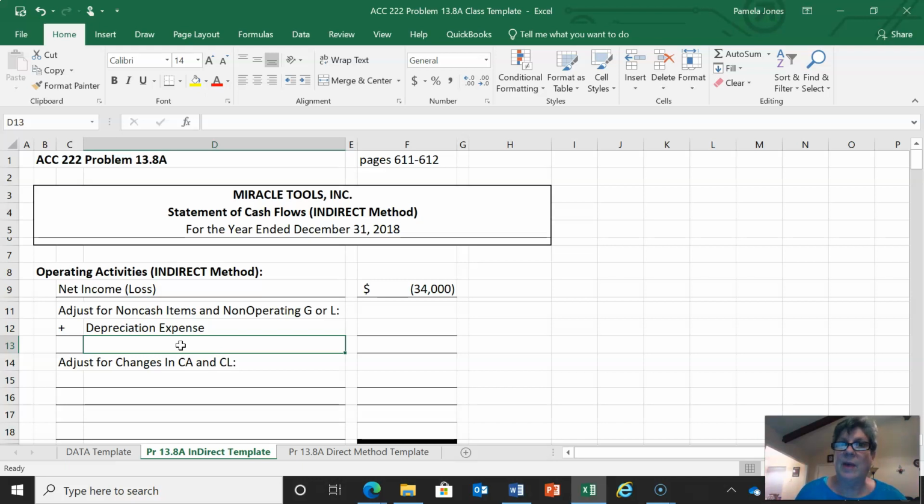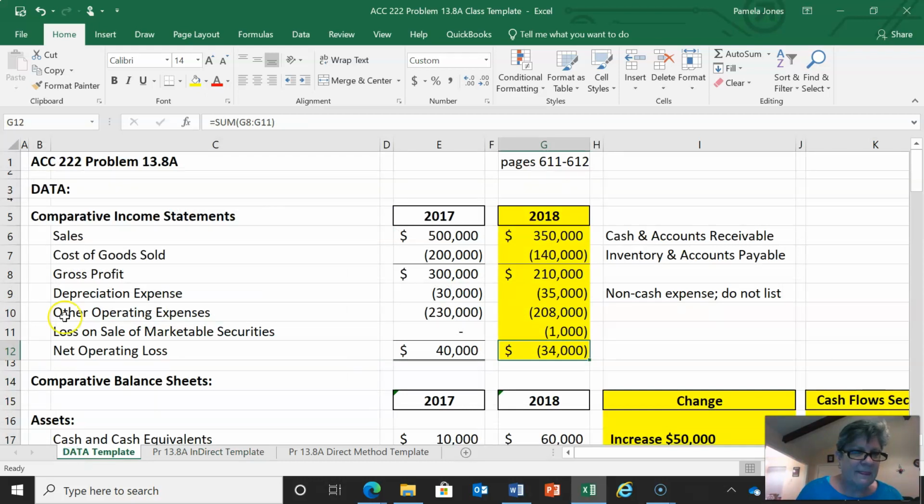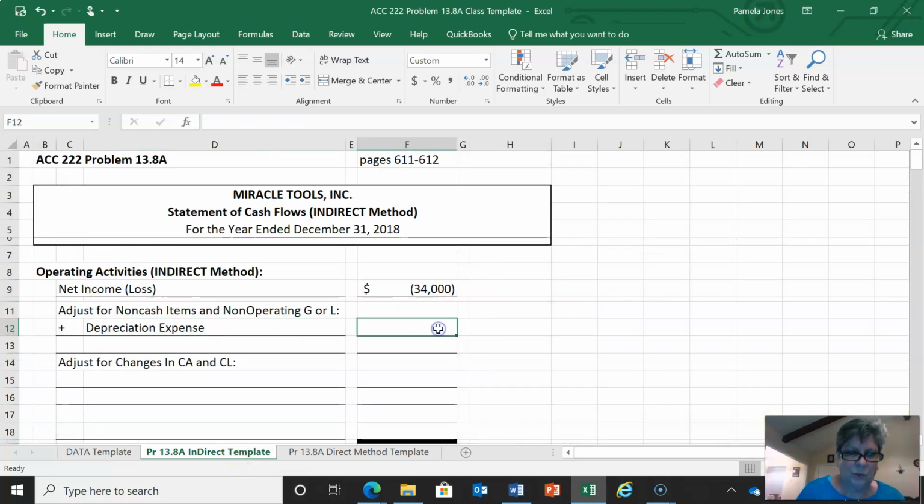So we would add back those items as well. Now, the depreciation expense on my income statement was $35,000.